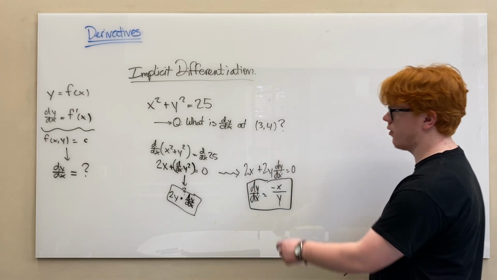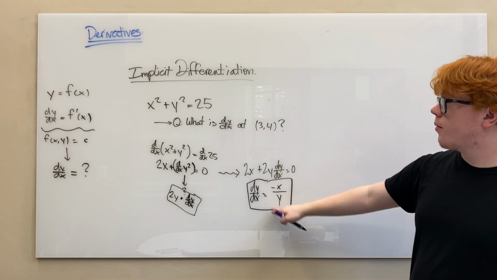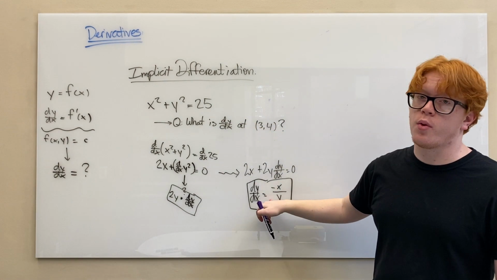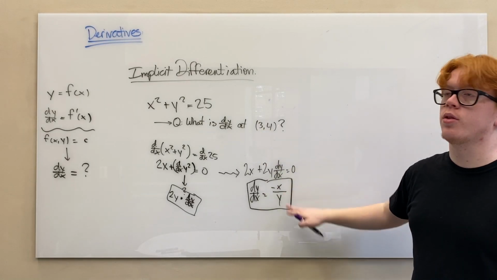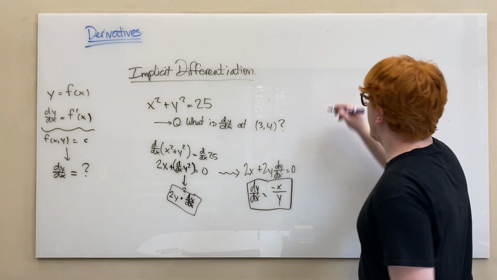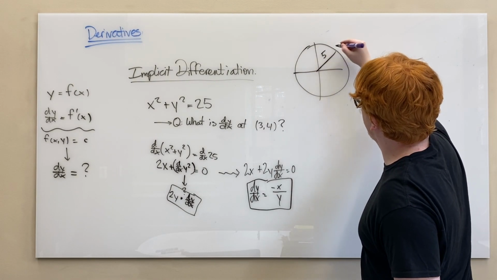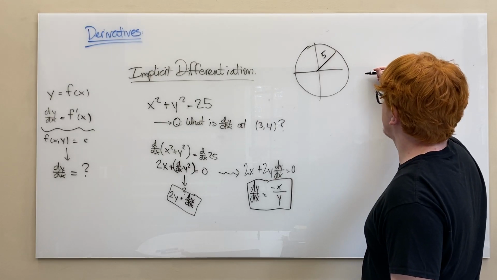And that's our answer. Now this is super convenient for our circle here, because now we can get the derivative at any point. All we need is the x and the y coordinate of that point, and we can get the slope.